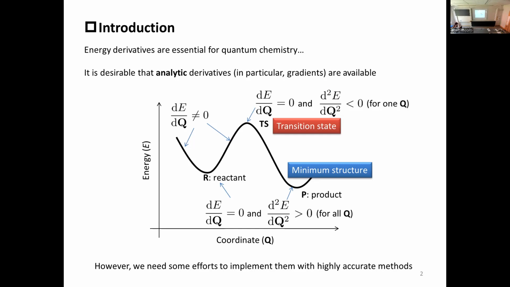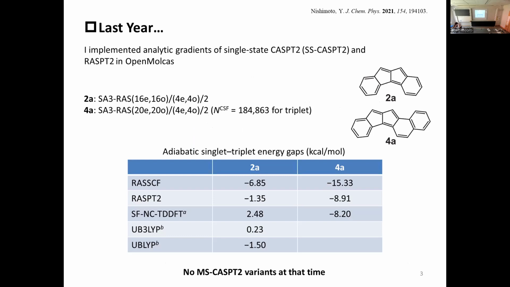But in the last year, I presented this study because I implemented analytic gradients of single-state CASPT2 and RASPT2 in OpenMolcas. And last year, I optimized these molecules using this active space, RAS 16 or 20 electrons in 20 orbitals.